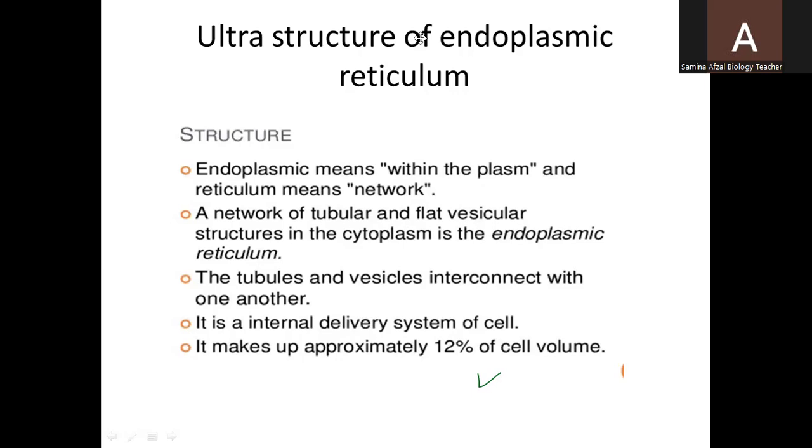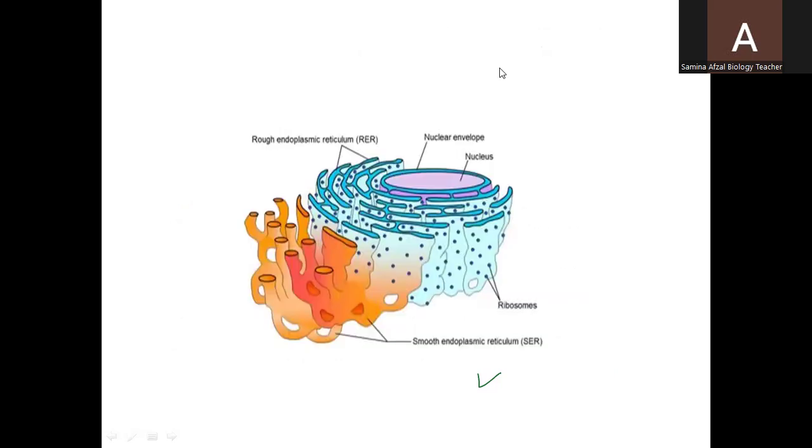So 12% of the cell volume will be endoplasmic reticulum, because in this way the proteins which are needed within the cell or out of the cell can reach all parts inside the cell. Here you can see the diagram of endoplasmic reticulum, and both types of endoplasmic reticulum have been shown in this diagram.